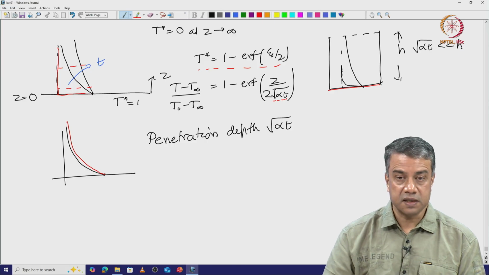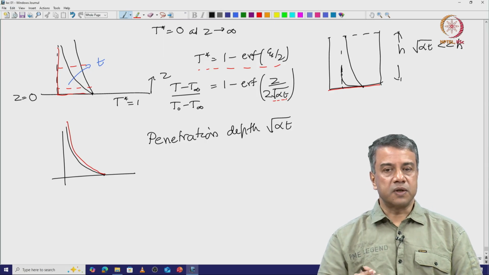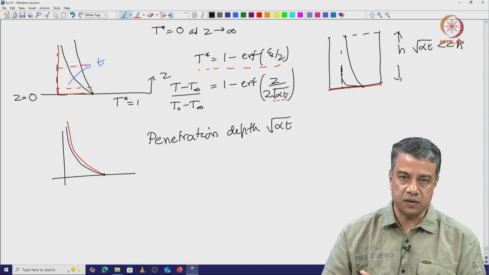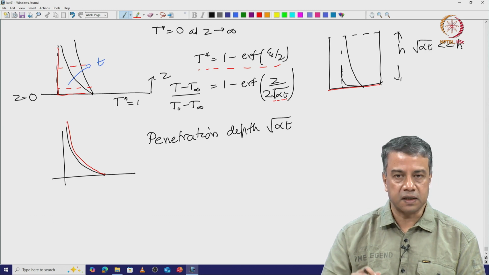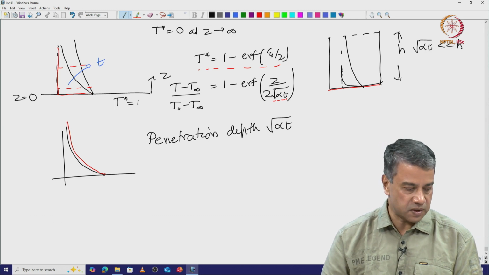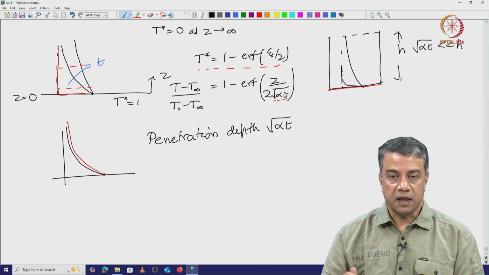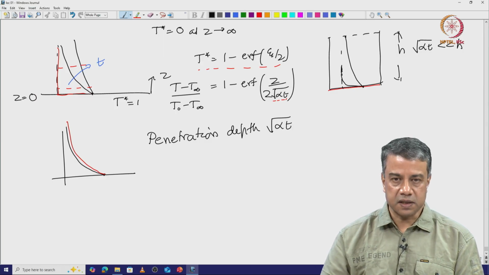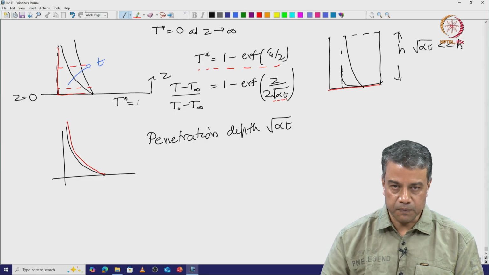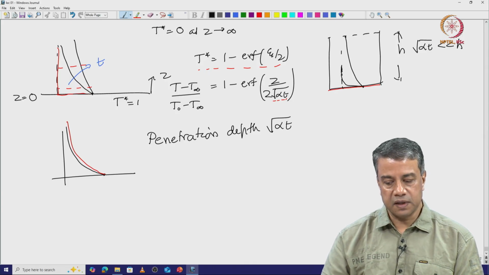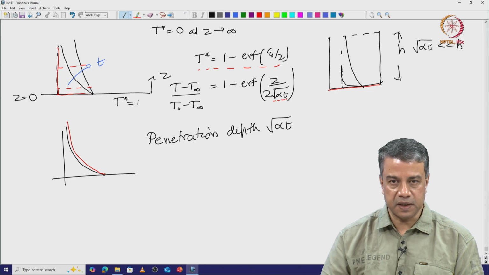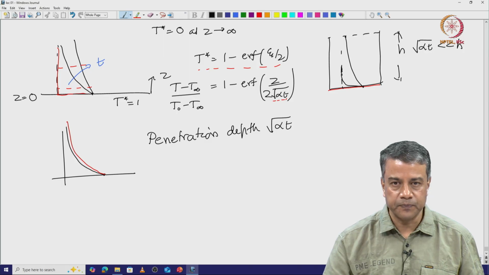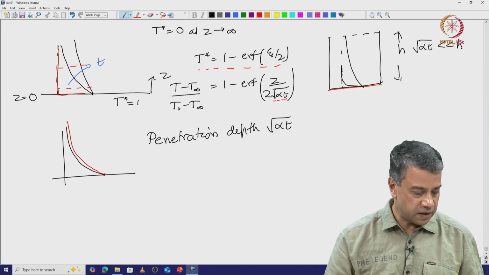In that case, I cannot use the similarity solution, because specifying the boundary condition as psi goes to infinity or z goes to infinity is no longer valid at this height h, because h is comparable to root alpha t. So, at very early times during conduction, this similarity solution can still be used even in a medium of finite thickness, provided the thickness is much larger than the penetration depth root alpha t. That is one important approximation that can be made at very early times for conduction.